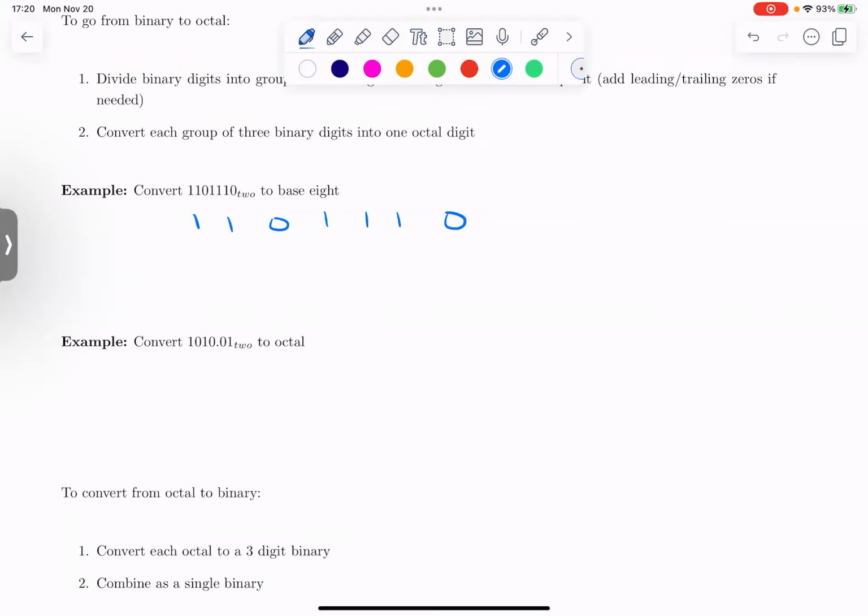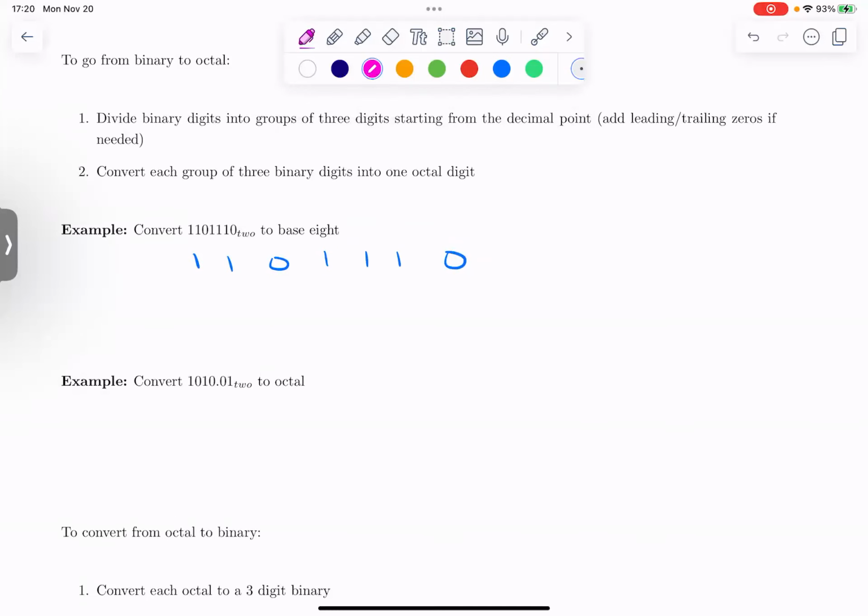What do I get? Starting from the decimal, which is this rightmost value, and then leading zeros as needed. Now I'm completely blanking because I didn't write this down.